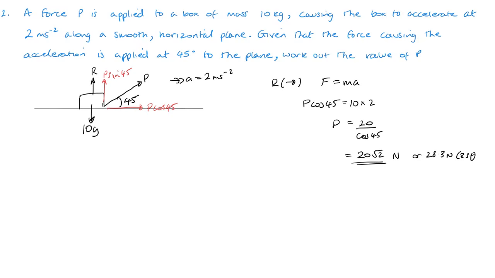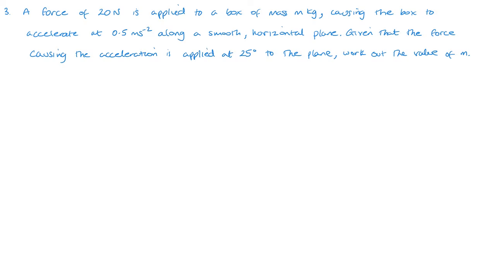Let's jump into the next one. So a force of 20 newtons is applied to a box of mass M, causing the box to accelerate at 0.5 along a smooth horizontal plane. Given that the force is applied at 25 degrees to the plane, work out the value of m.